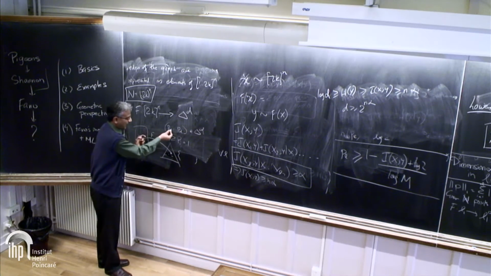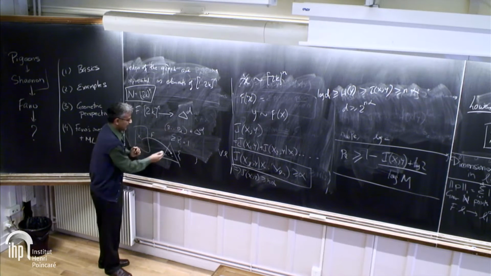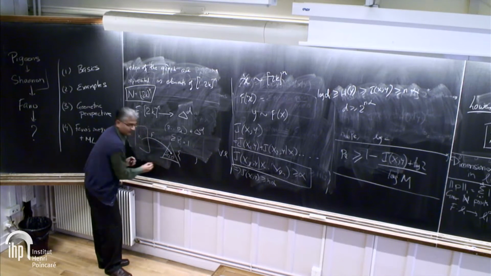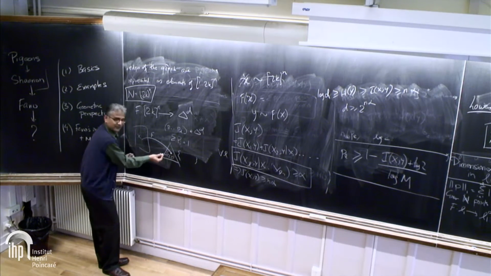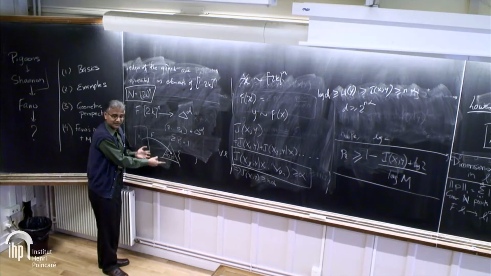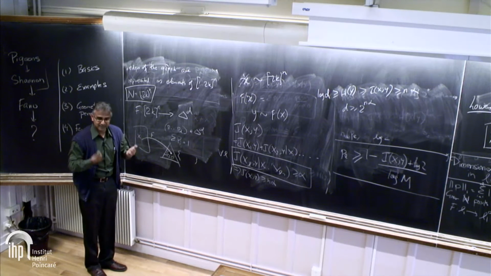You can think of pi as the probability of seeing i. So imagine if this was a 3-dimensional simplex, maybe I map x to the point 1/3, 1/6, 1/2. I can interpret this as the probability of seeing 1 is 1/3, the probability of seeing 2 is 1/6, the probability of seeing 3 is 1/2. Now I sample, and I get 3. That's my y.